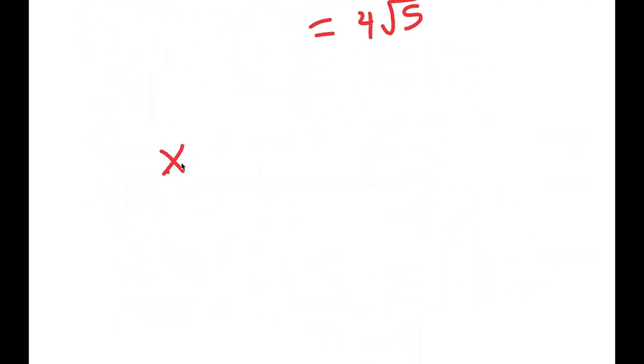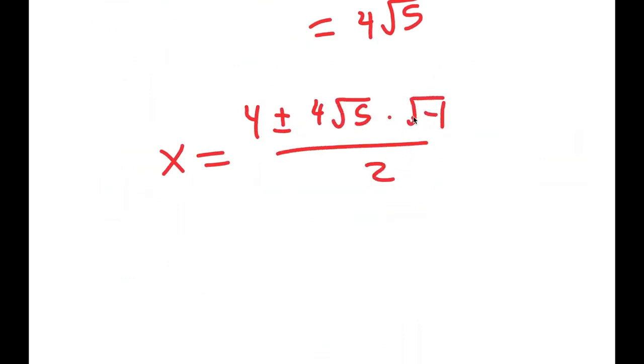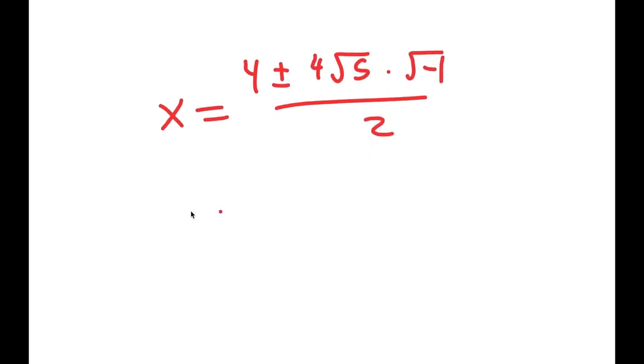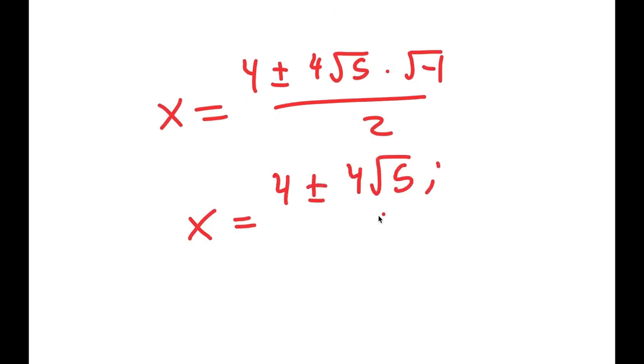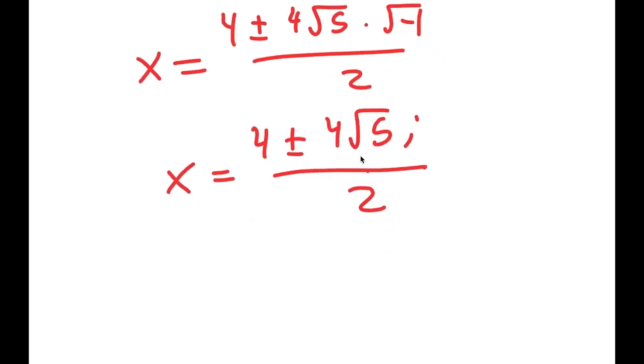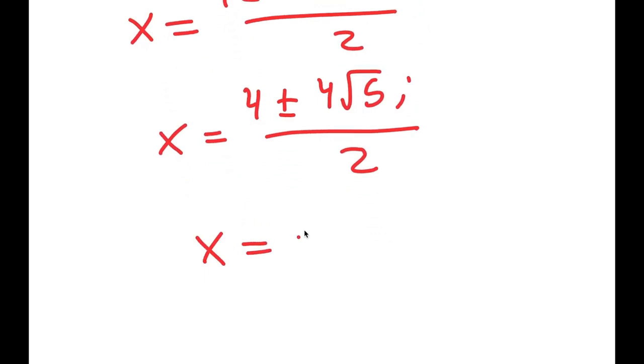So I get x is equal to 4 plus or minus 4 root 5 times the square root of negative 1 over 2. And if you didn't already know, the square root of negative 1 is equal to the imaginary number i. So I get x is equal to 4 plus or minus 4 root 5 i over 2. And now I can divide both these terms by 2. So I get x is equal to 2 plus or minus 2 root 5 i.